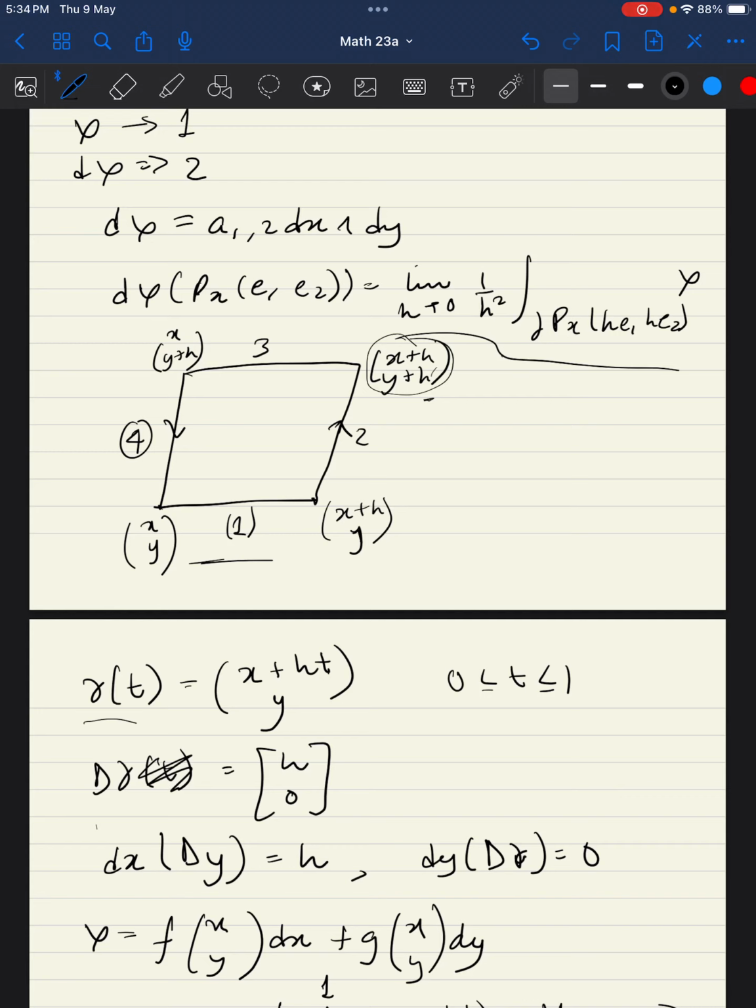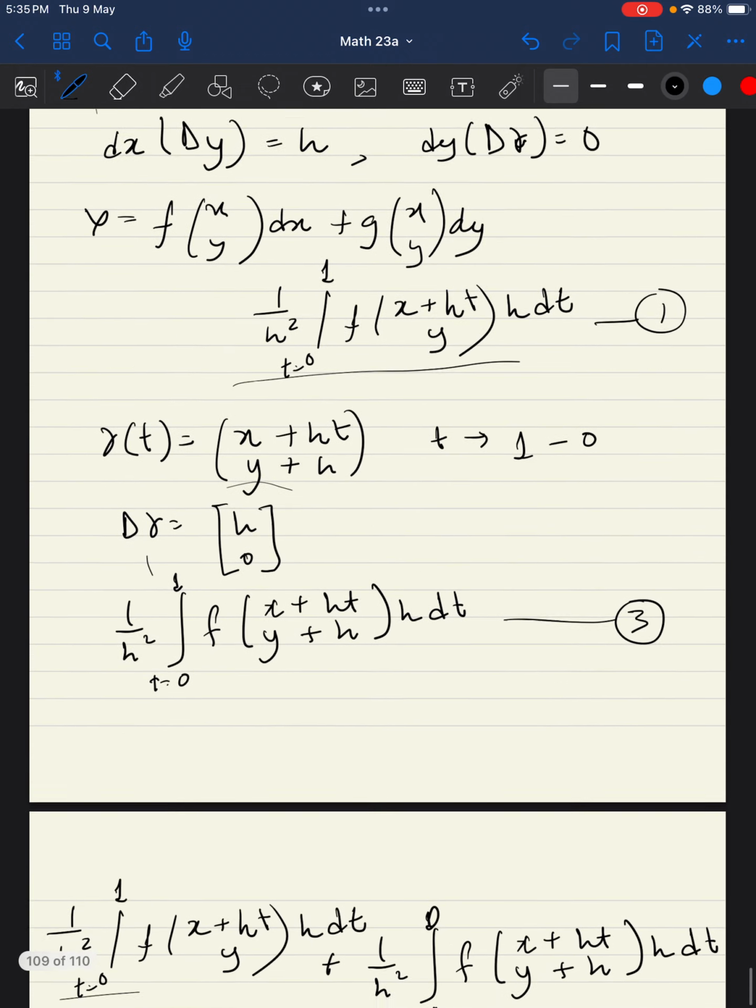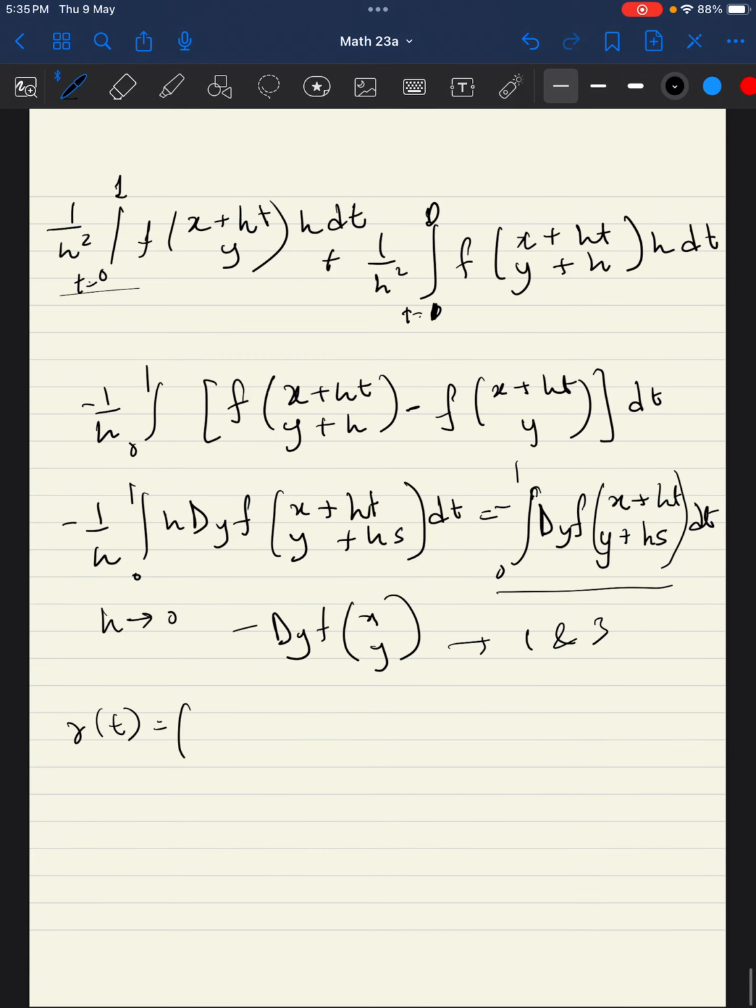That's what we're trying to put into the parametric form. So this is the only t value that's going to change from 0 to 1. The same thing in the other case, but this is going to go from 1 to 0. So this is going to look something like x, y plus ht, and t ranges from 0 to 1.